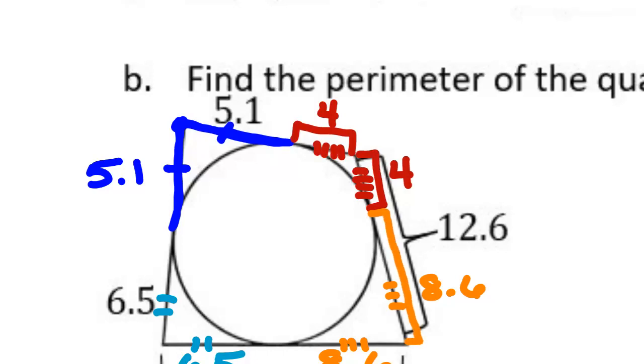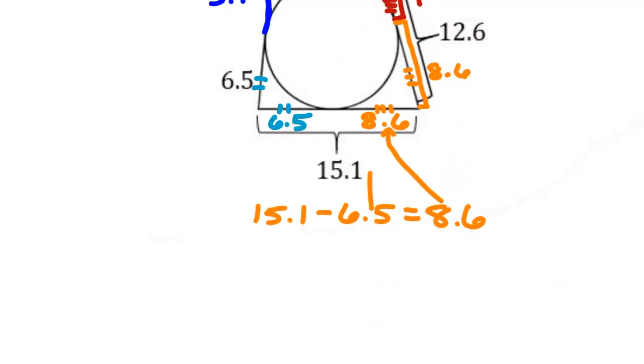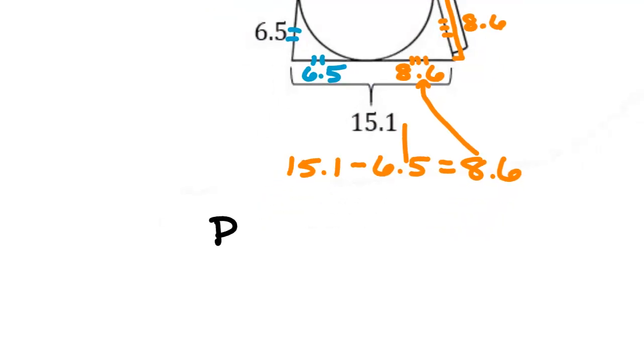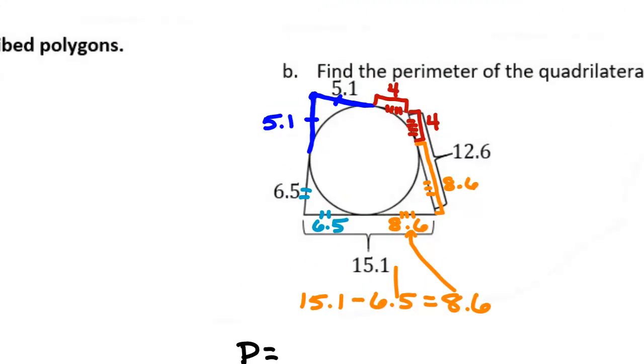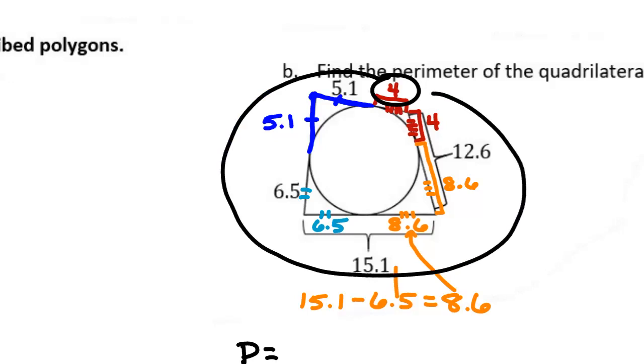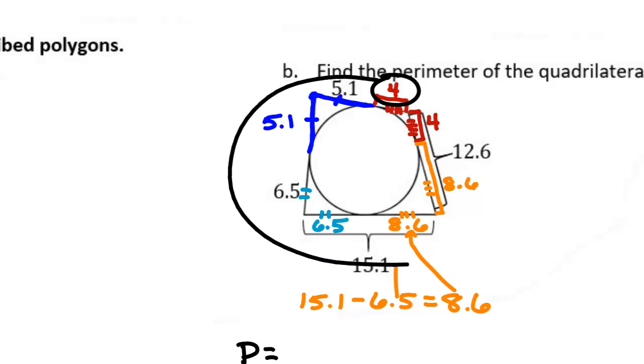Yes, we're going to add all of those pieces together, all 8 numbers. So my perimeter is, where do you guys want to start? Give me a starting place. 4, sounds good. Let's start at this 4 right here, and we'll add around this way until we get back to this other 4 over here.